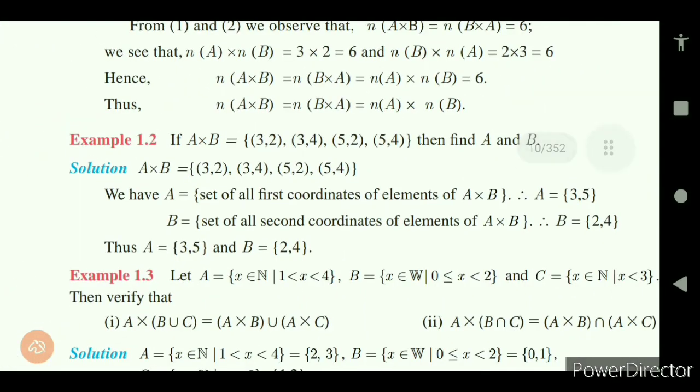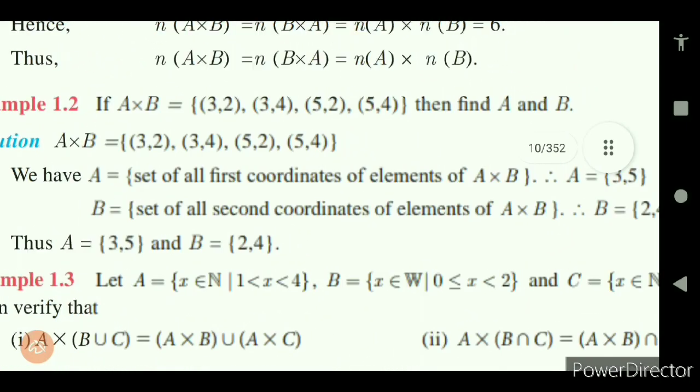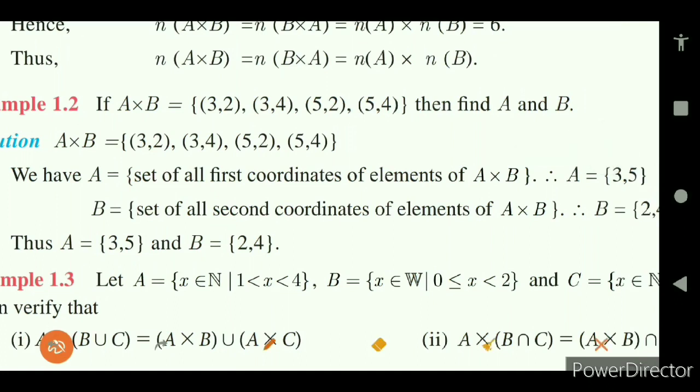In A, the set of all first coordinates of elements of A cross B. So what are the first elements? We should avoid the repeated elements. See 3, we are writing 3 here. 3 is repeated again, so we should leave it out. 5, okay, writing 5. So the number of elements in A is 2.